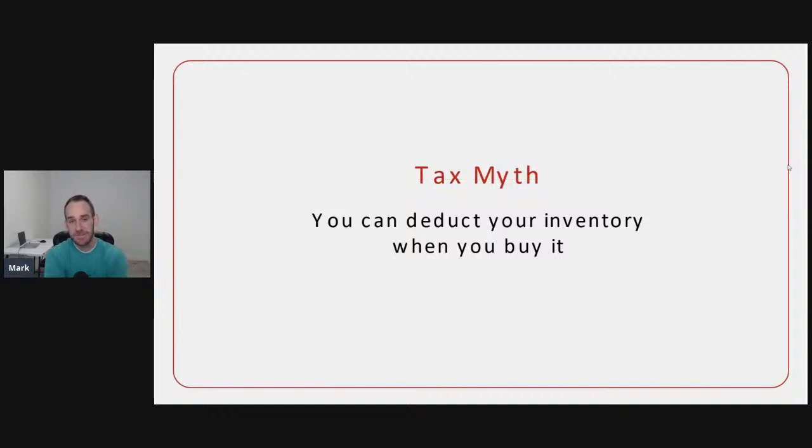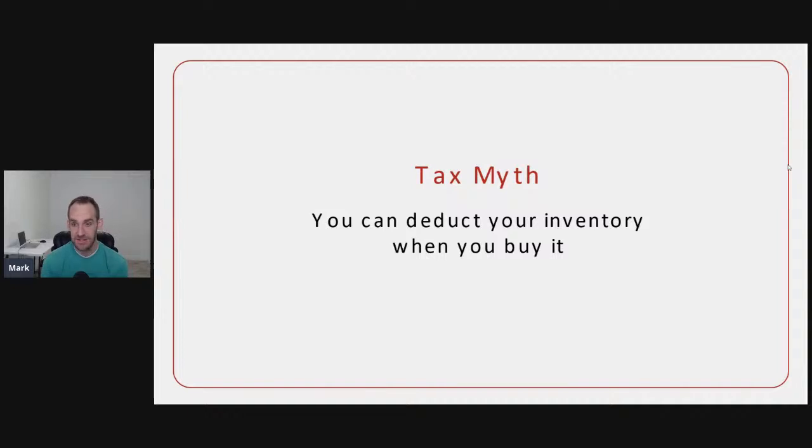Okay, so this used to be a tax generally not acceptable to deduct your inventory immediately when you purchase it. So prior to 2018, this typically was not allowed for most businesses. And with the Tax Cuts and Jobs Act of 2018, this actually loosened up quite a bit.